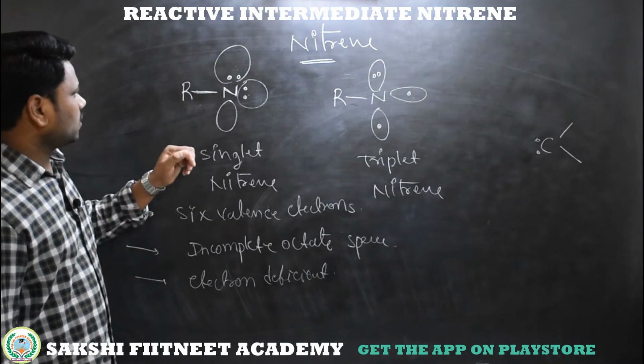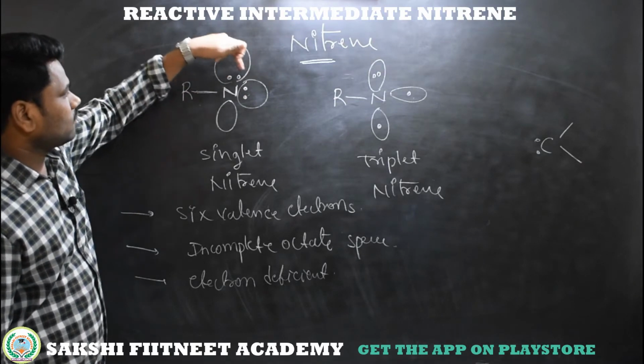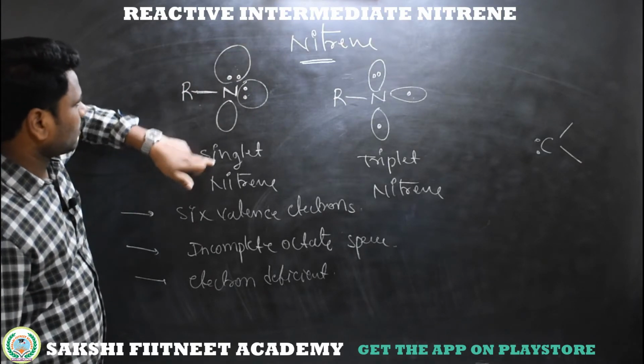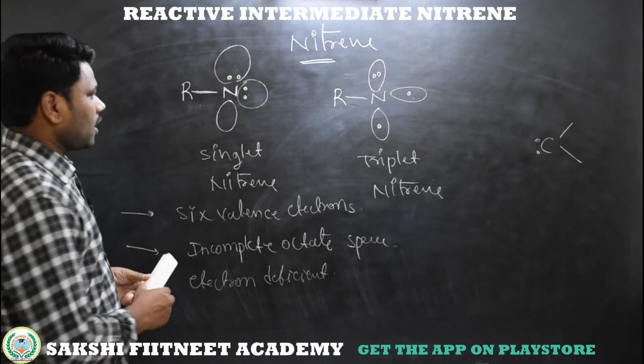Nitrogen has one bond pair and four electrons. In a singlet, these four electrons exist as two lone pairs and the other orbital is empty.